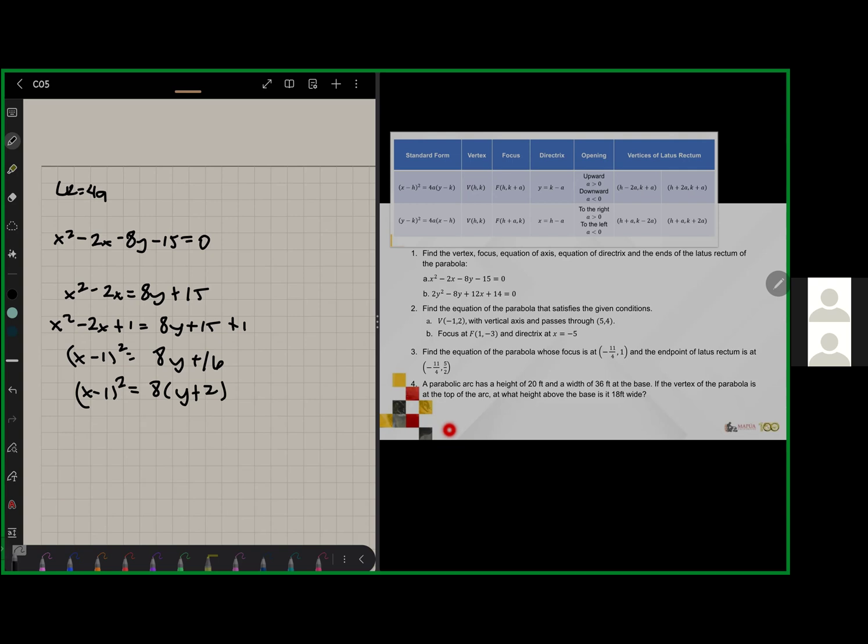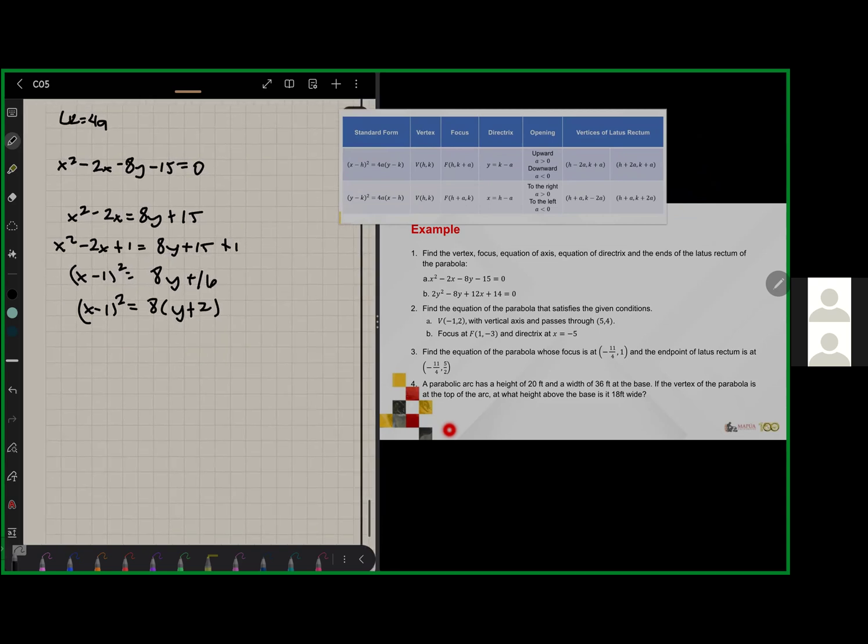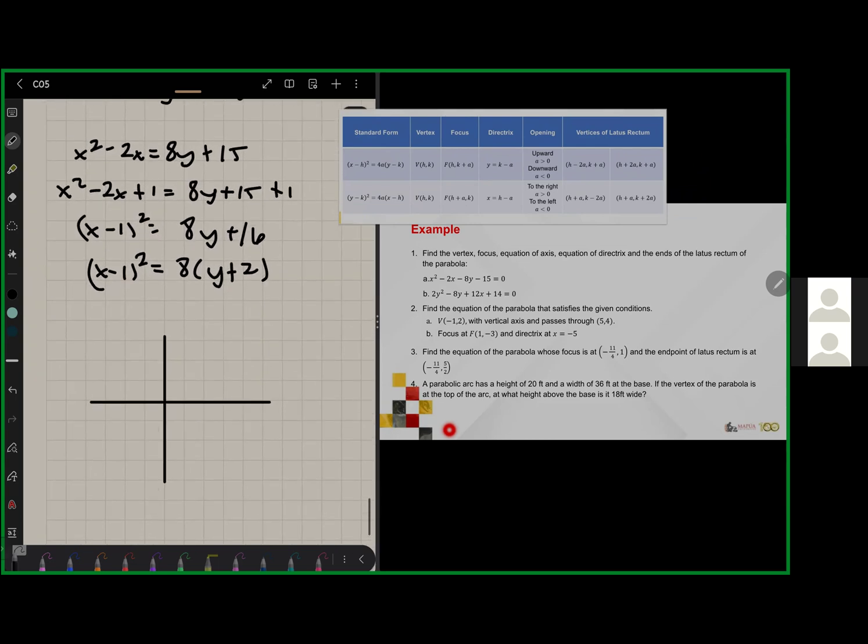Now we are tasked to find the vertex, focus, equation of the axis, and all the values that we have here. If we try to draw our parabola, it would look somewhat like this. Solving for the center of our parabola, h comma k is at 1 comma negative 2.